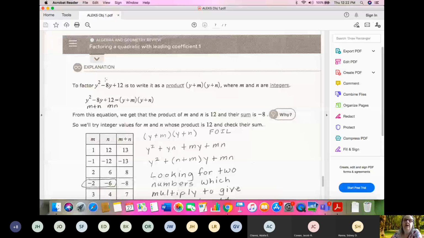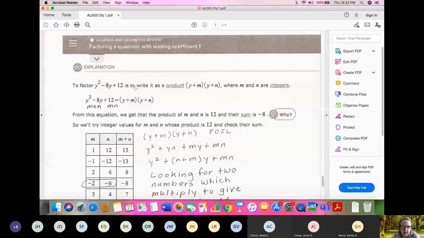So the term with an exponent of 2 goes first, then the term with an understood exponent of 1, and then the constant term is last. You want to make sure when you're asked to factor quadratic expressions that they are in descending power order. I don't think you're going to have any issues early on in the course with it, but I just wanted to throw that out there anyway.